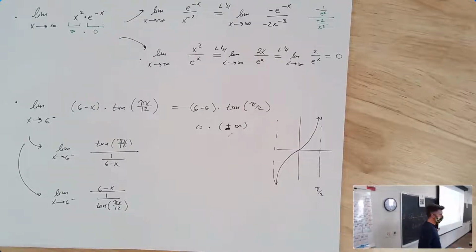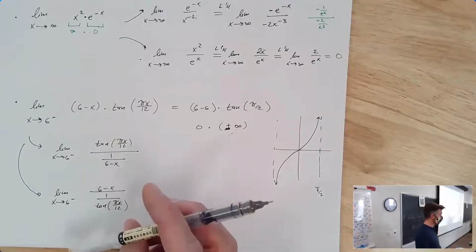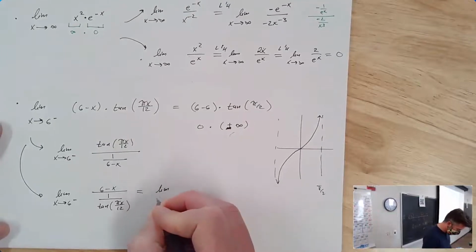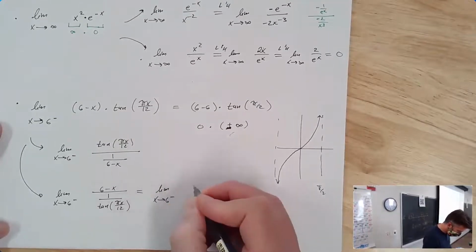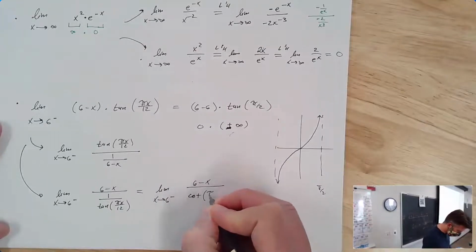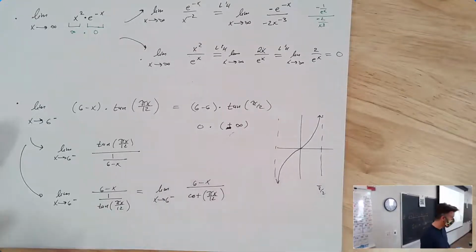It seems like 1 over 6 minus x seems less complicated than 1 over tangent of pi x over 12. Until you remember that 1 over tangent is cotangent. And so I can actually rewrite this as a limit as x approaches 6 from the left of 6 minus x over cotangent of pi x over 12. And then that seems like it's probably better.